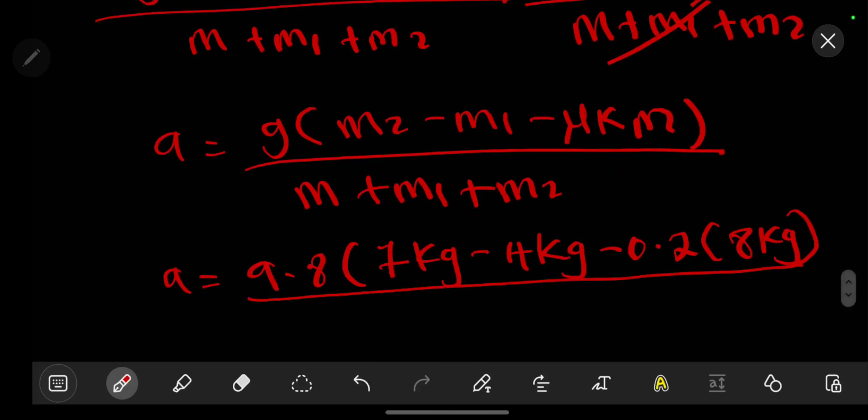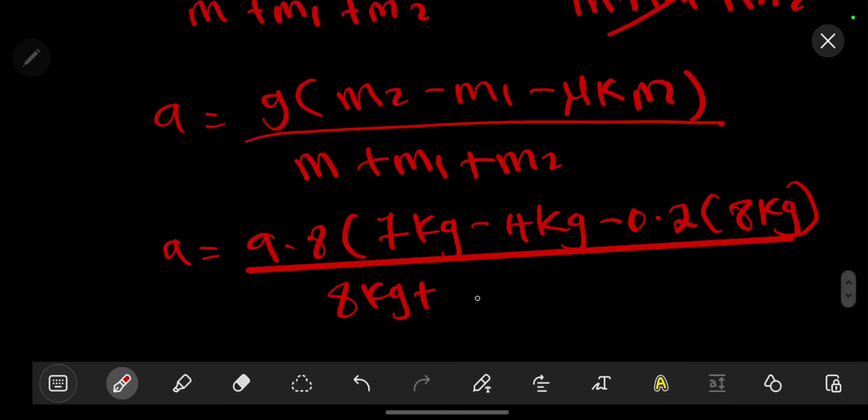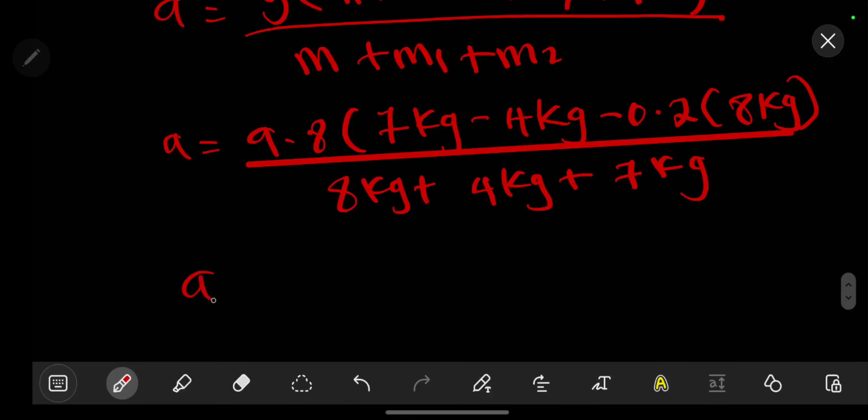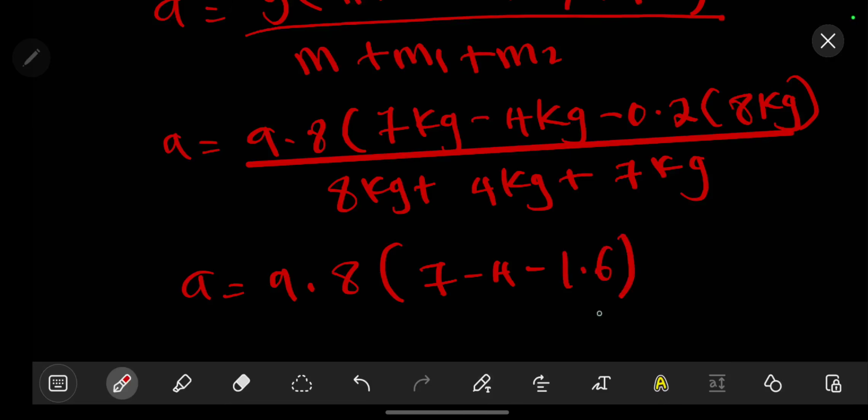We have over, we add the masses. So that one is 8 kg plus the mass number 1, which is 4 kg, plus the mass number 2, which is equal to 7 kg. So we are going to have a is equal to 9.8, then we are going to have 7 minus 4 minus 1.6.